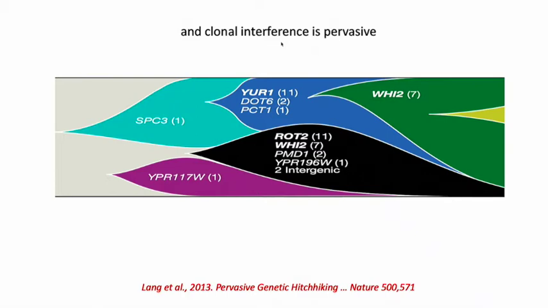But under clonal interference, of course, we're going to have new mutations arise. This is time along the x-axis. New mutations arise and increase in frequency such that they can be at a fairly high frequency in the population. But those mutations are competing against other mutations that occurred and increased in frequency, so you can have a mutation like this one that increased in frequency and then was lost.